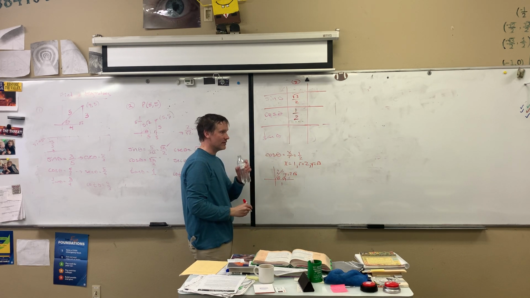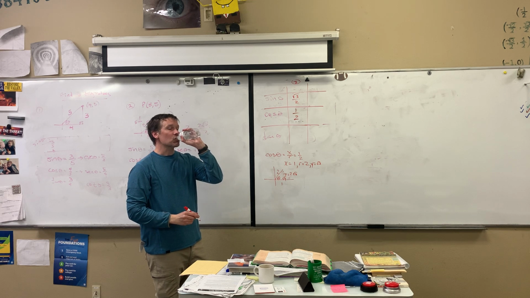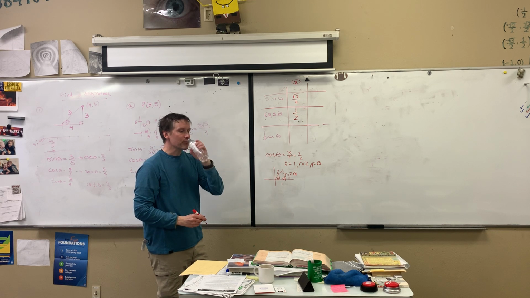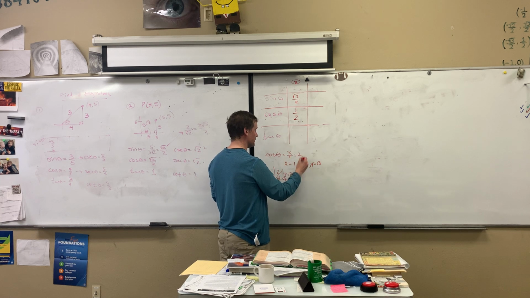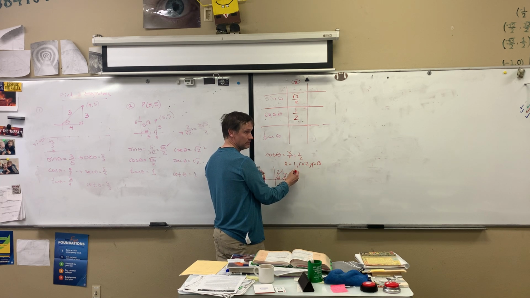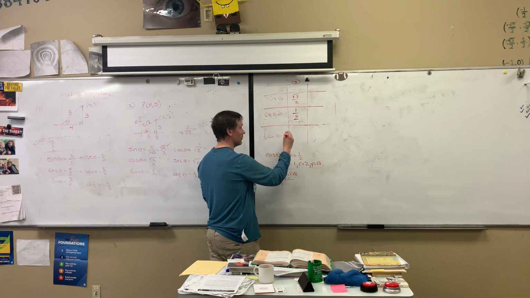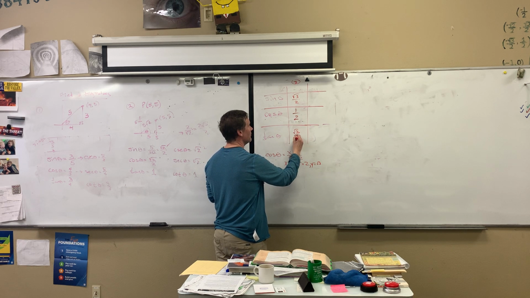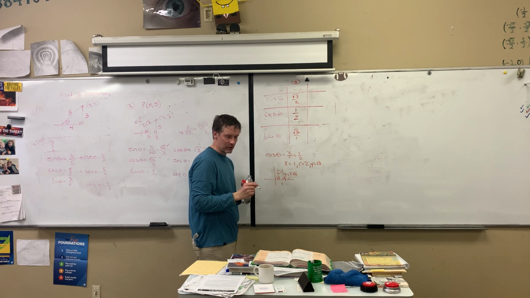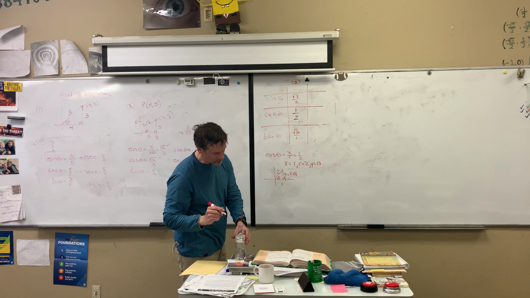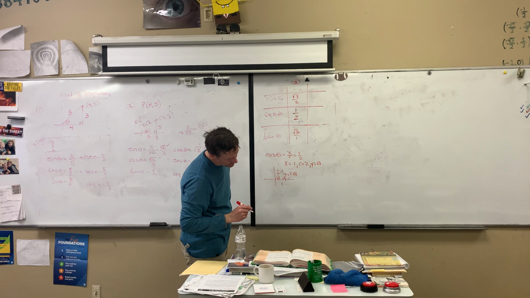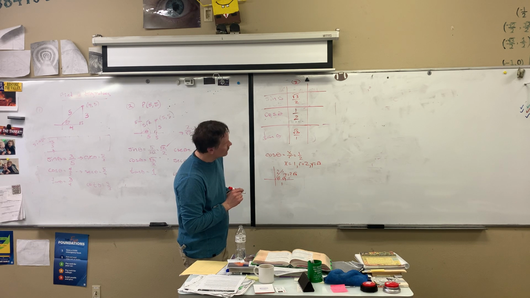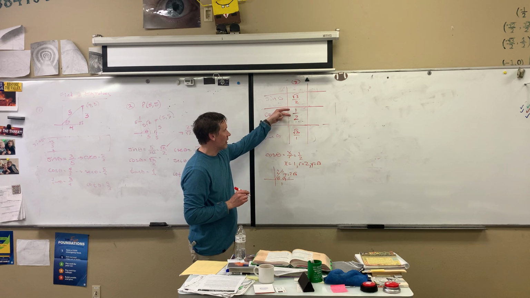And then tangent is opposite over adjacent: root 3 over 1, but if you wrote that, I'm not going to mark you wrong. We could just write it as root 3. Makes sense? So you just take your fraction and figure out x and y.